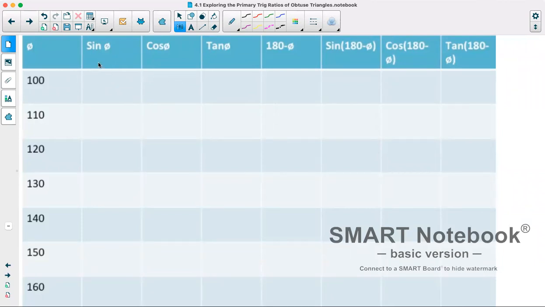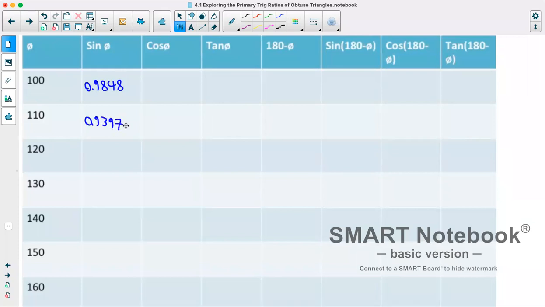So we have sine of 100. That is 0.9848. Sine of 110 is 0.9397.